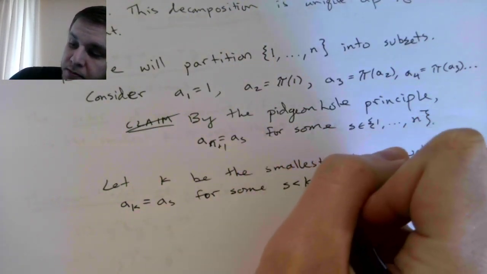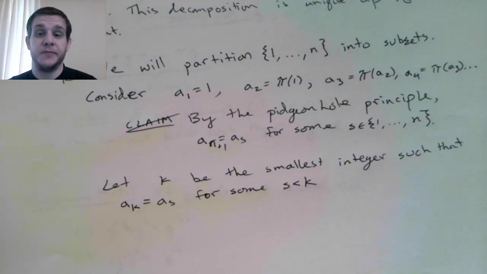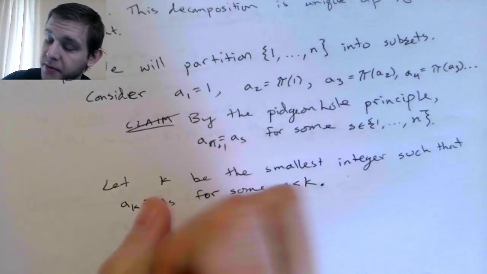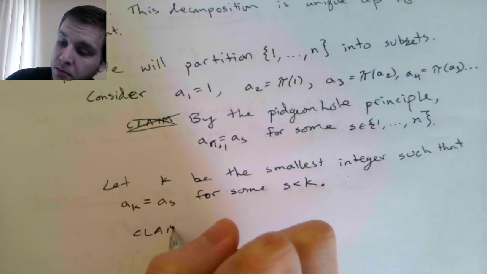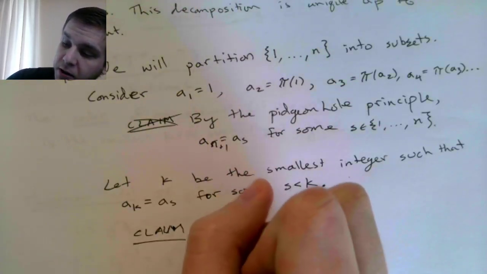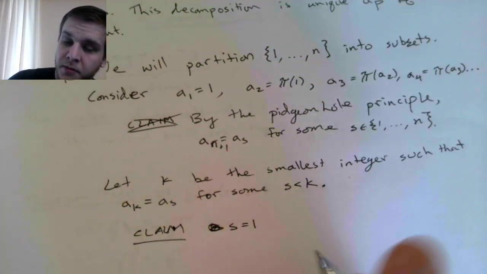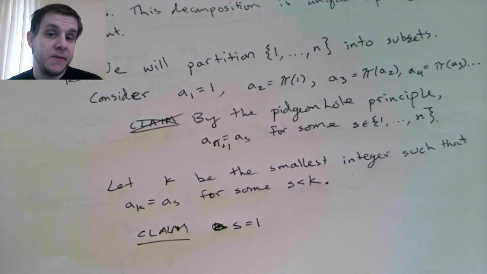All right, so I look at the first time that the sequence repeats itself. And my claim is that s equals 1. So when it repeats itself, it has to go back to the very beginning of the cycle.